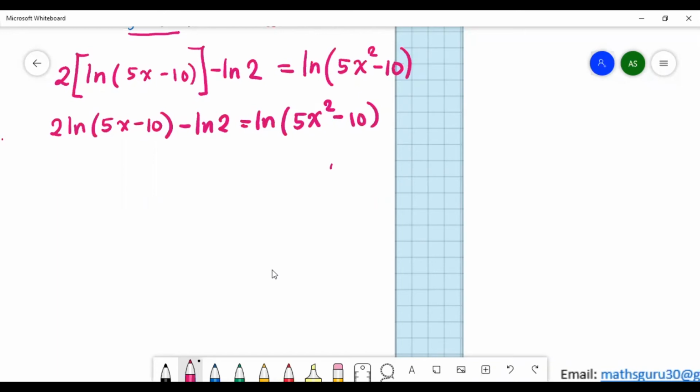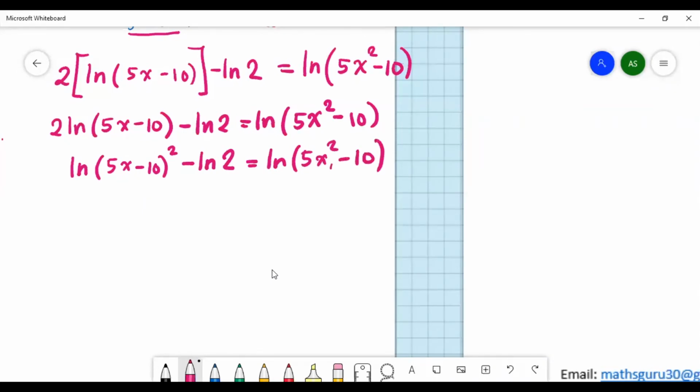So in the end, the 2 will go to the power. So this is ln of 5x minus 10 squared minus ln 2 is equal to ln of 5x squared minus 10.